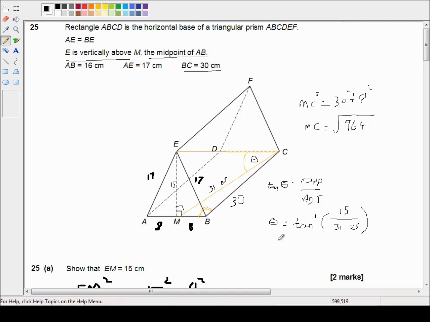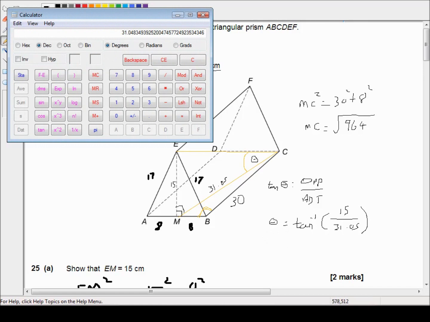Okay, so it's time to get the calculator. Okay, so I have my calculator. The actual full value of MC is already in my calculator, and I'd really rather not lose it. So I'm going to add that to my calculator's memory, and I'm going to cancel. And now I need to do 15 divided by the adjacent, which is, I'll put in memory, and that's equal to 0.483.